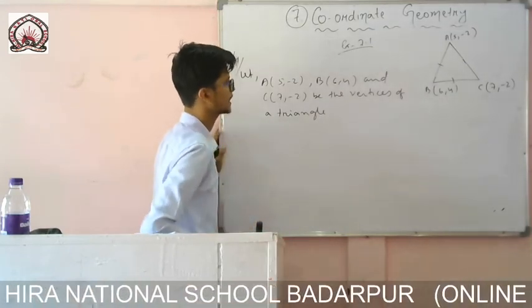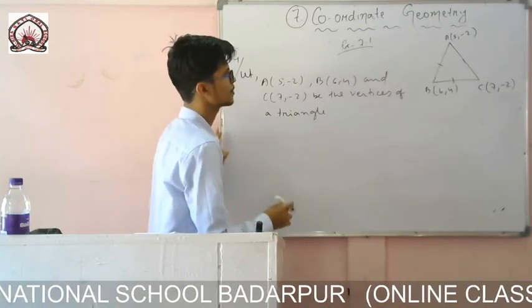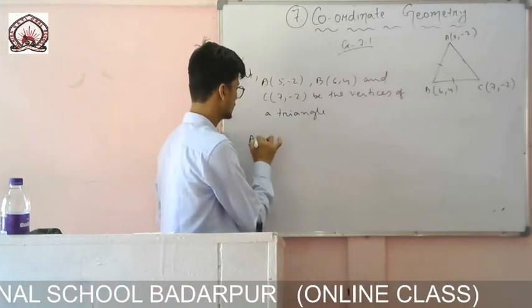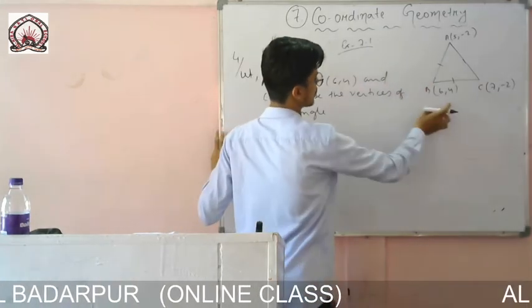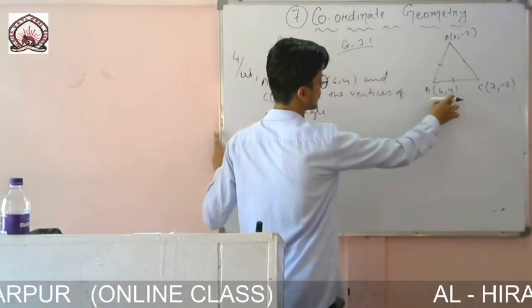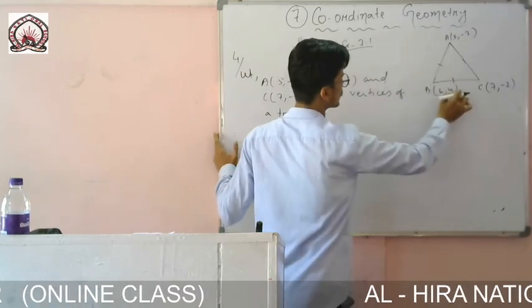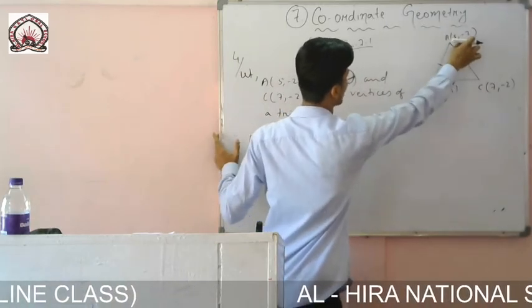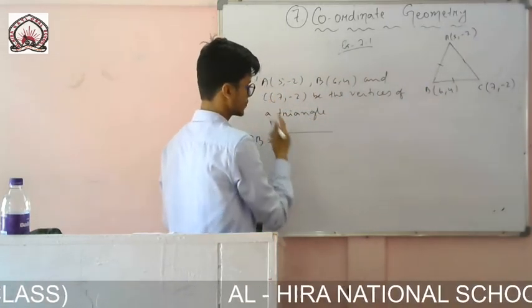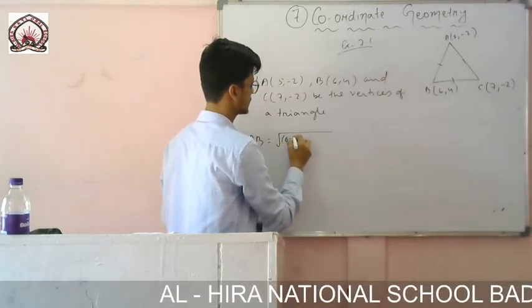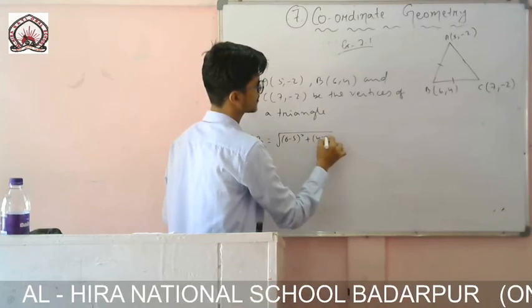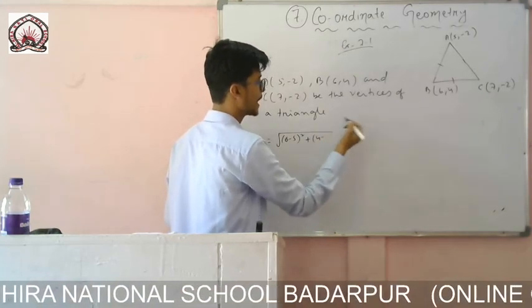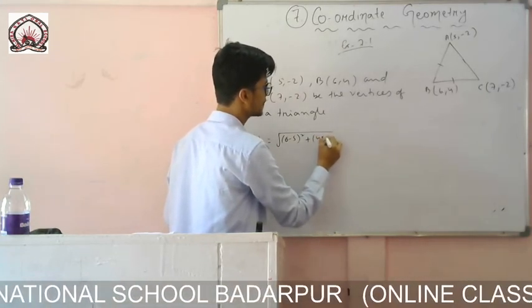So first of all, using the distance formula, let me find AB. So x2 y2, this one, x1 y1, this one. So this one will be 6 minus 5 whole thing square plus 4 minus minus 2. So minus minus it will become plus.